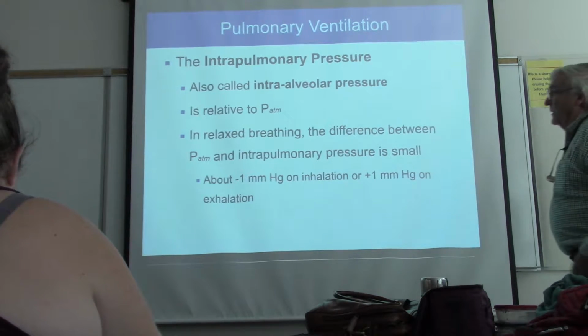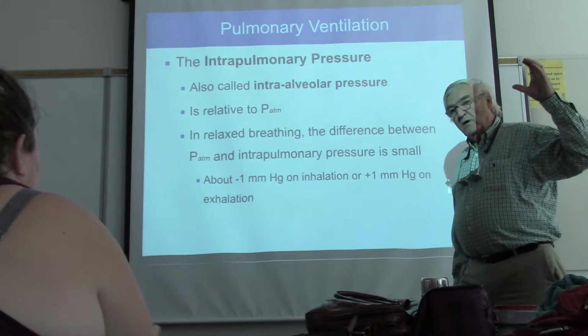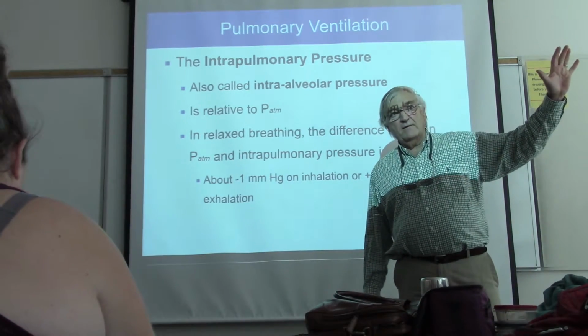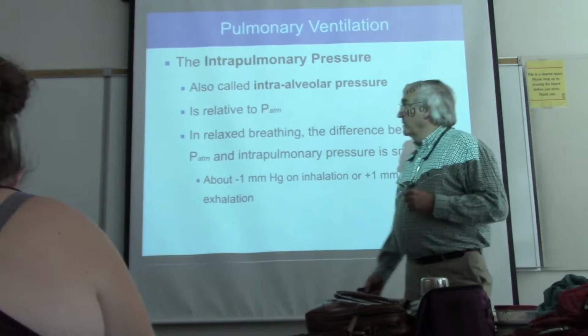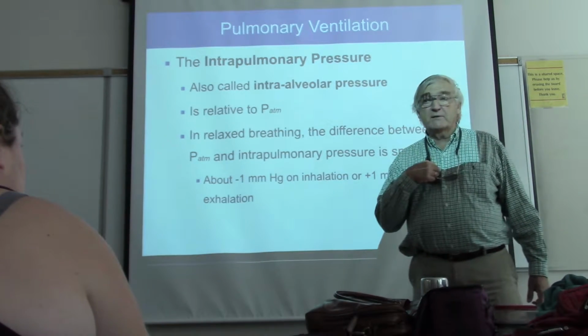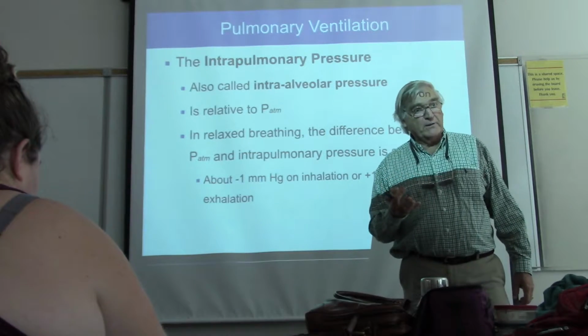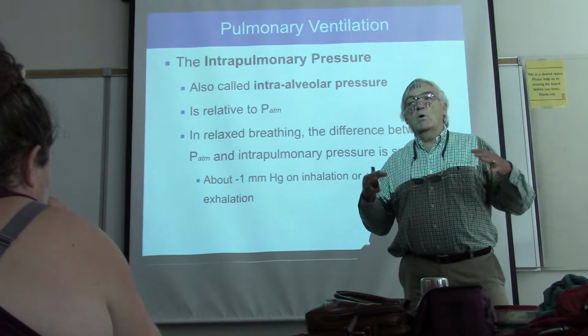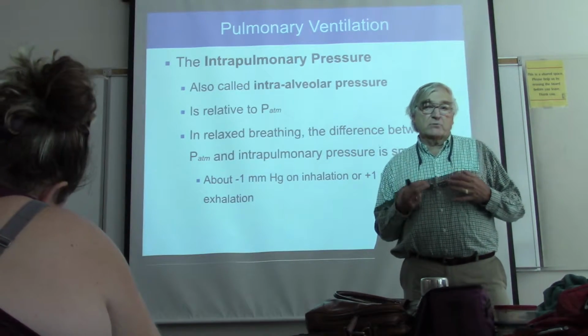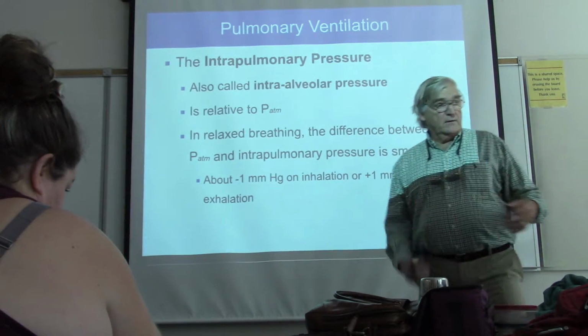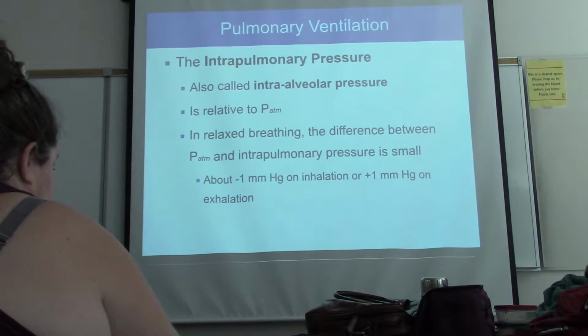The intrapulmonary pressure, so we're talking about atmospheric pressure, that's outside, and intrapulmonary pressure is if you could put a little monitor into one of the alveoli in your chest and see what the pressure is there. If you can lower that pressure just 2 millimeters, you're going to suck air in and take a breath in regular breathing.